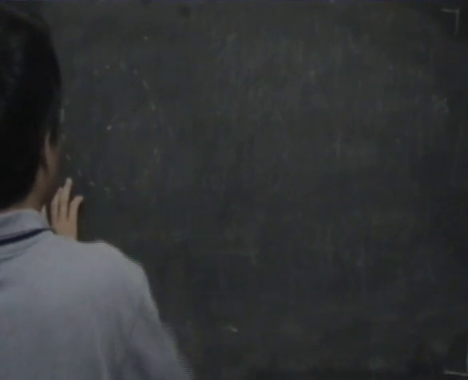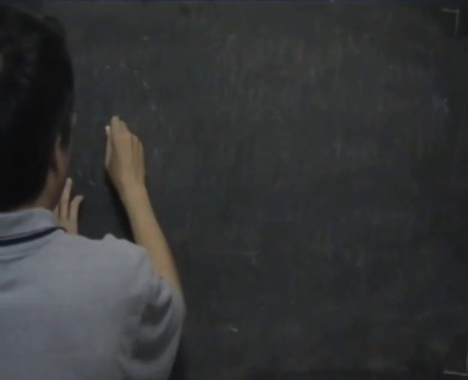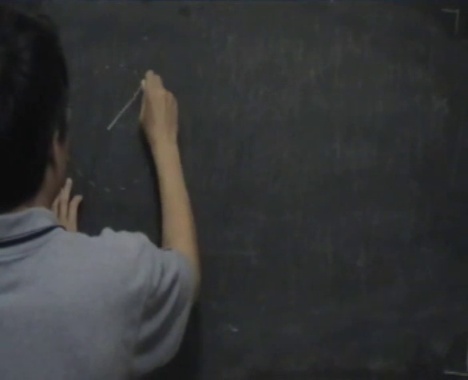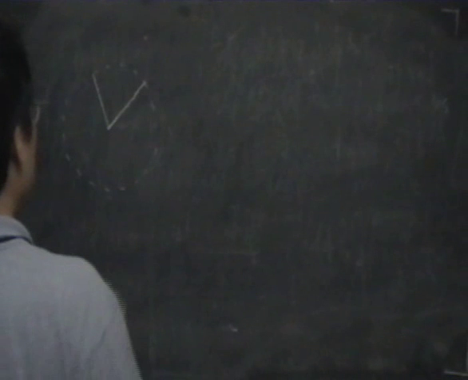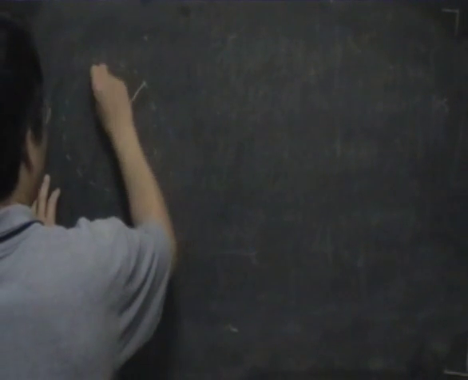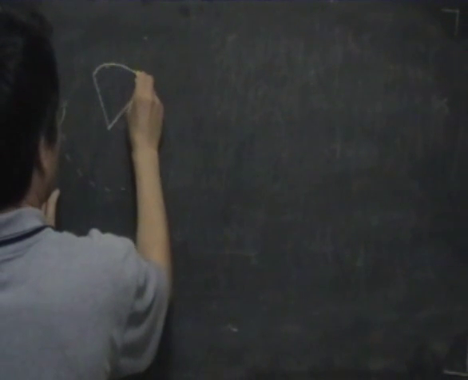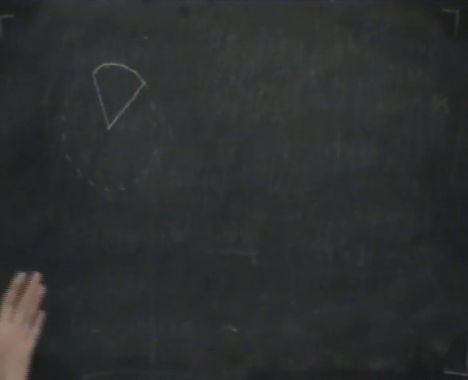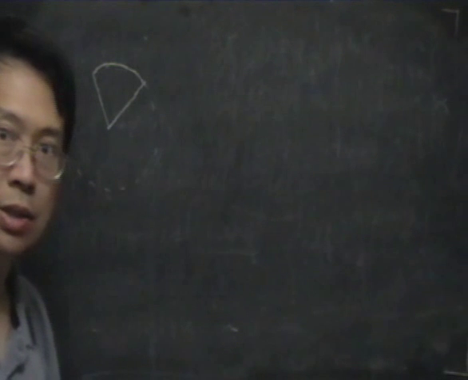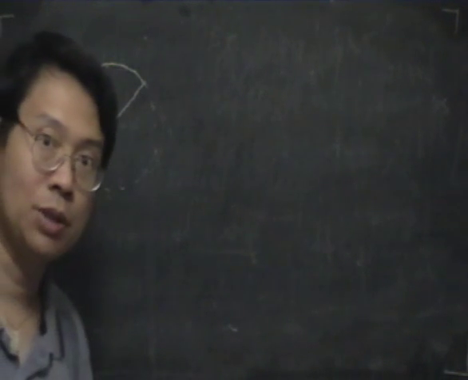From the center of the circle, if I draw two lines to the circumference, and I draw the curve along the circumference, we get a shape like this, a shape that looks like a piece of cake.